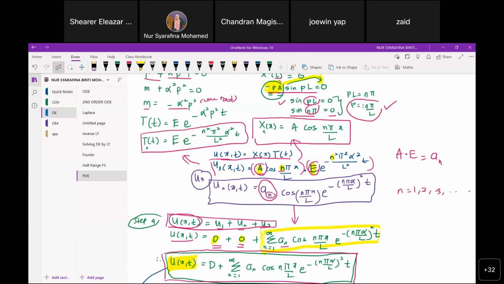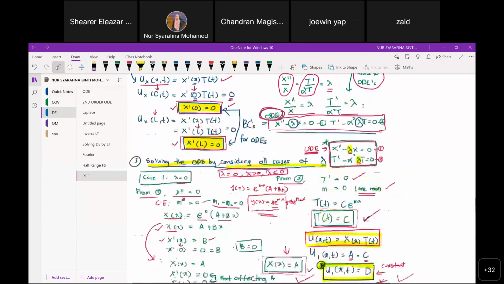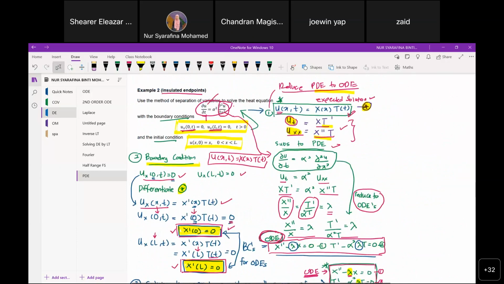Okay. Now you have done with finding u(x,t). But as you can see, there's still a constant involved there. So in order to find the value of the constant, we have to check, is there any condition yet to use? We have condition u(0,t).